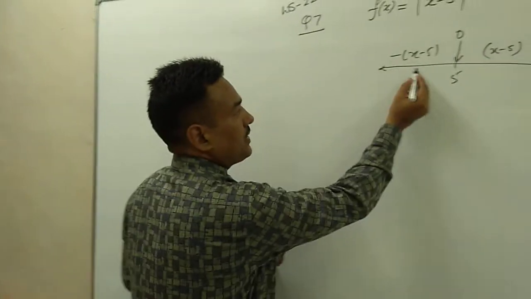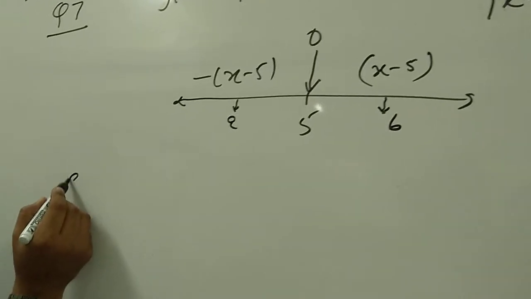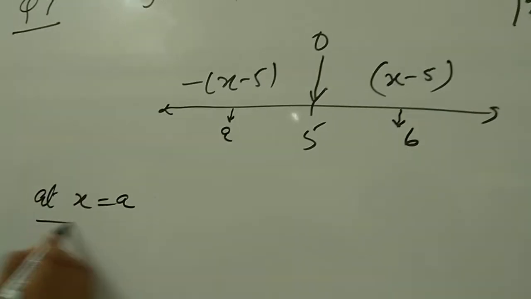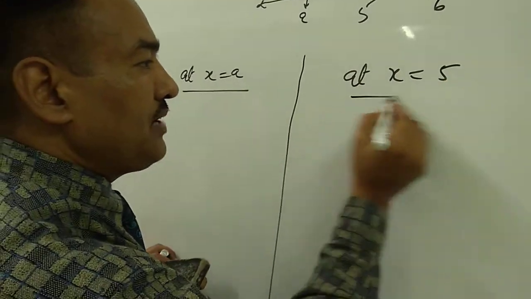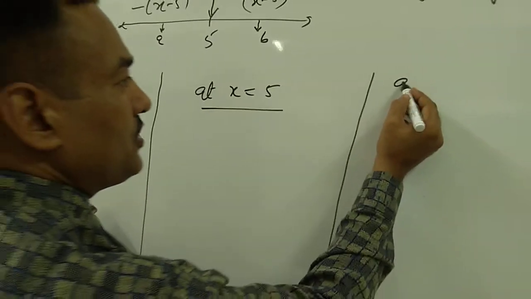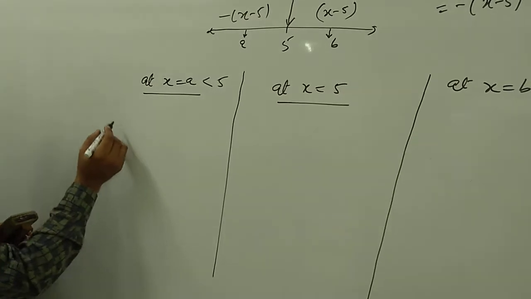Let us assume 1 point here, 1 point here. We will check the continuity at x equals a, at x equals 5, and at x equals b, where b is greater than 5 and a is less than 5.